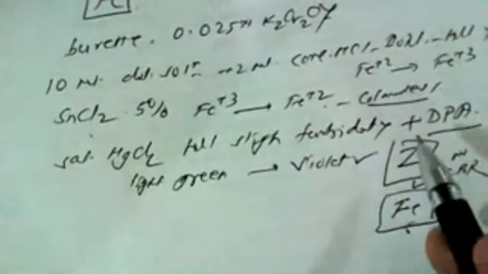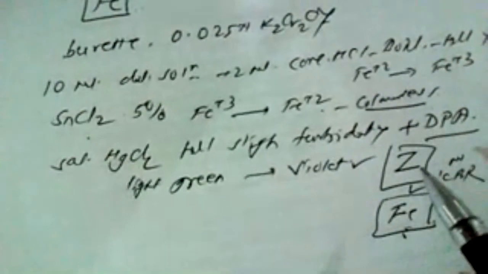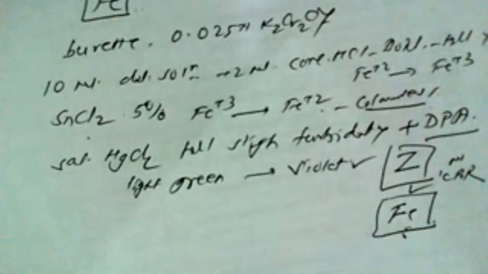This entire procedure we have to follow for a second reading and third reading also, which ensures the correct burette reading. By using this correct burette reading, we can calculate the content of iron. So this is how we have today completed the stainless steel, that is the alloy analysis.